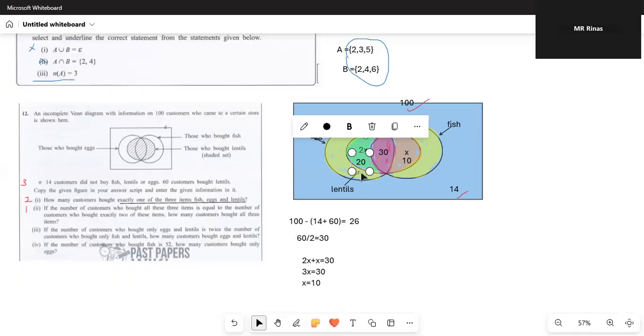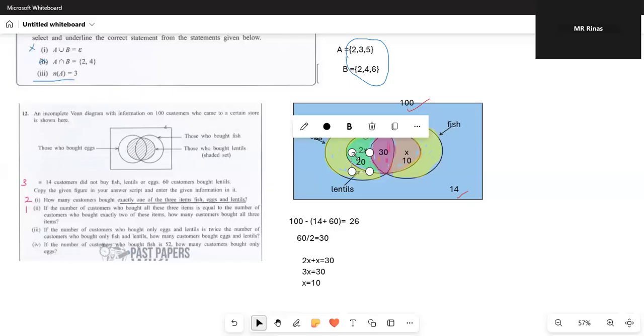So the third question: if the number of customers who bought only egg and lentil is twice the number of customers who bought only fish and lentil, how many customers bought eggs and lentils? So egg and lentil is 20.